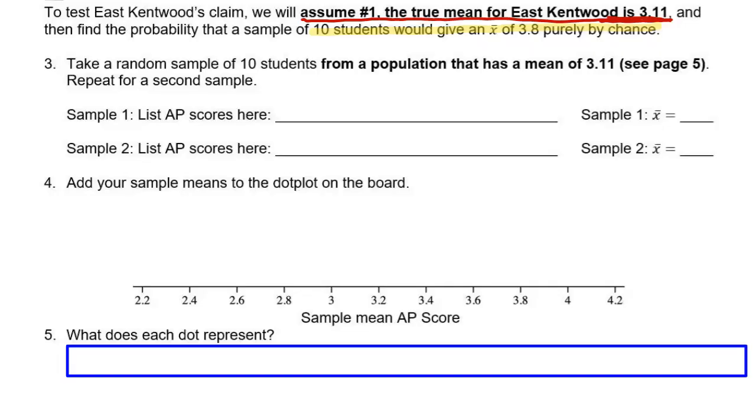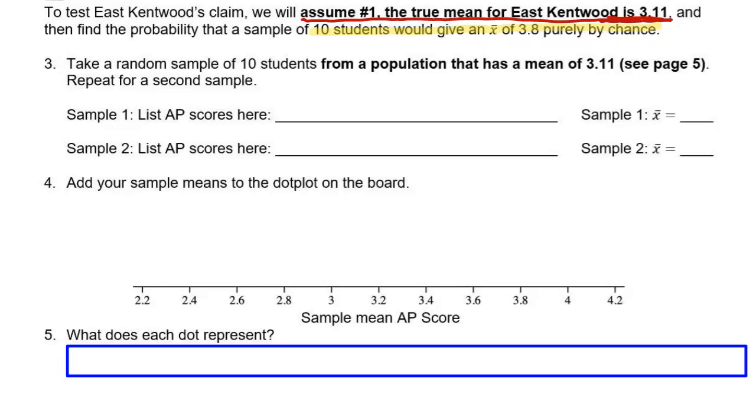So you are going to need a graphing calculator so you can get a random number generator. You either want to do randInt or randIntNoRep. RandIntNoRep would probably be the best choice here. I want you to look at page 5 in your packet.